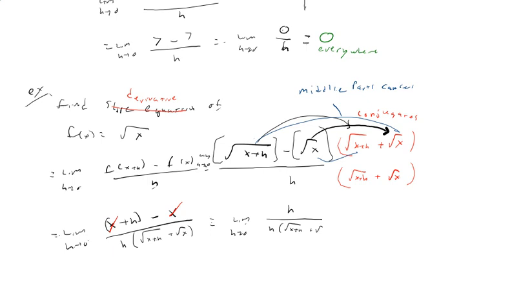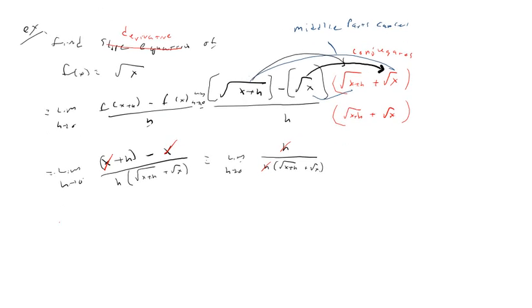That's what I wanted. So it is the limit as h approaches 0 of 1 over radical x plus h plus radical x. So I plug in my 0 now. It's going to be really nice. I get just square root of x plus square root of x, which is 1 over 2 square root x. And that's my equation.